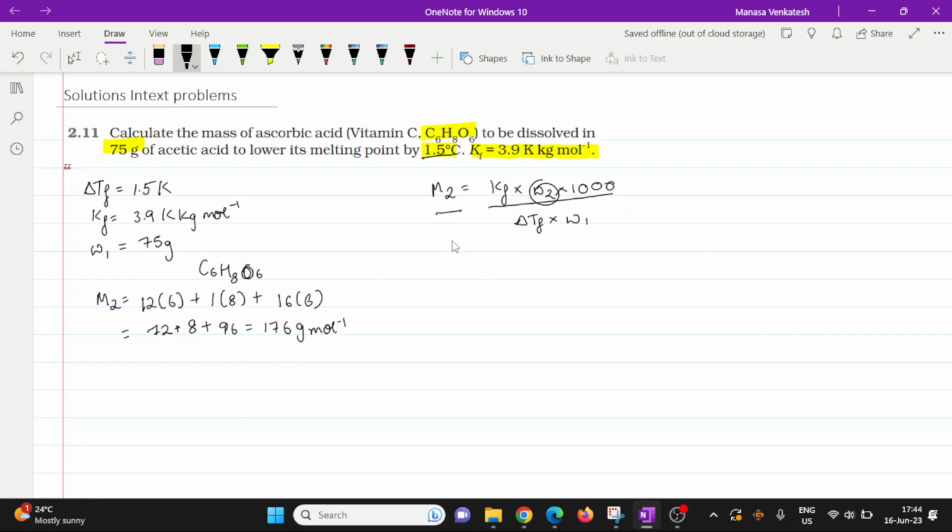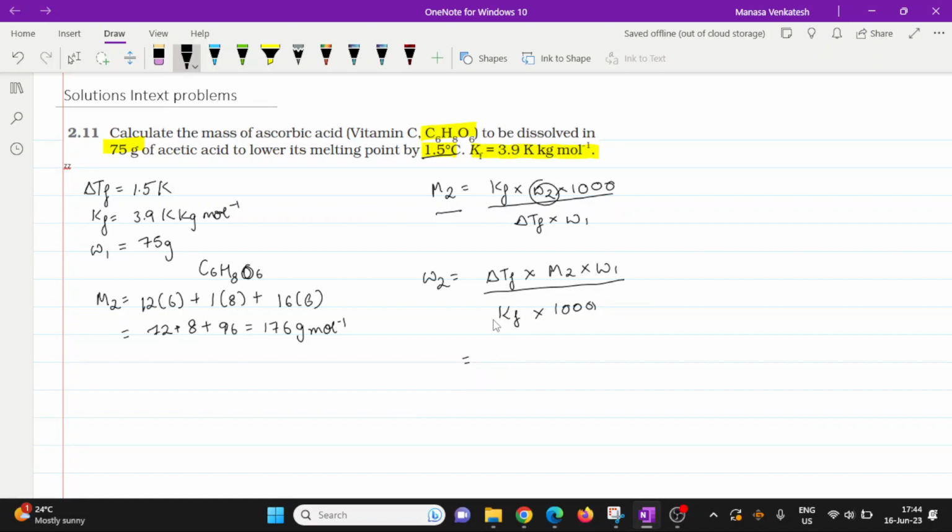Now we can just use this equation. So W2 will be equal to delta Tf into M2 into W1 whole divided by Kf into 1000.